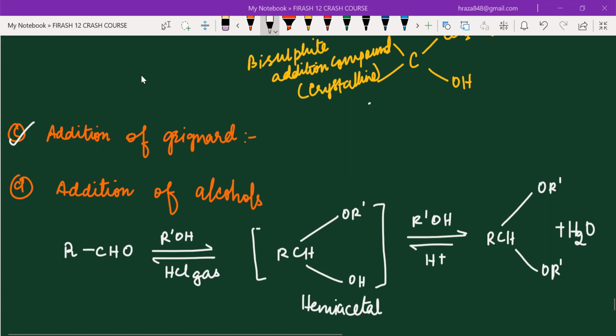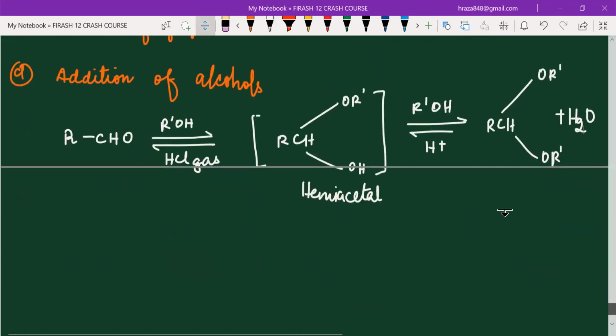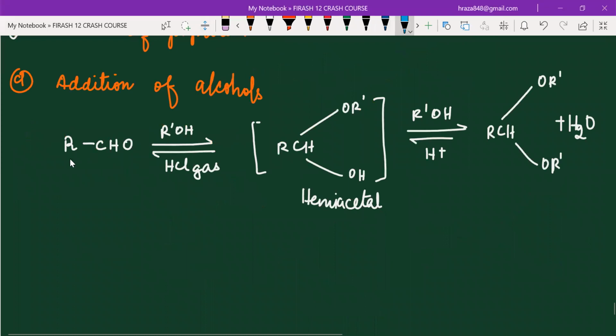Very good. So have you understood how the reaction took place? It's very easy. So this is your RCH double bond O, right? And you are going to react this with R dash OH. So you also know that there will be a negative and a positive charge, right?